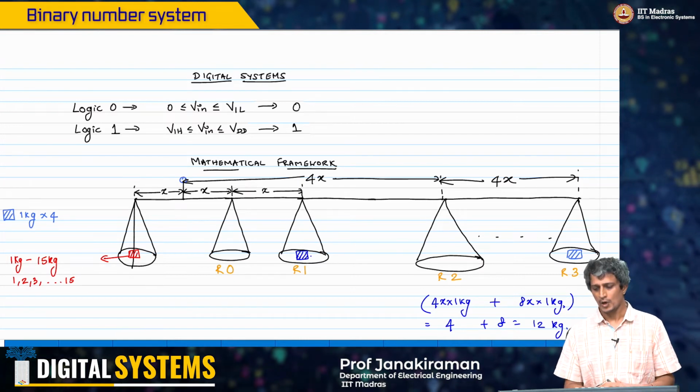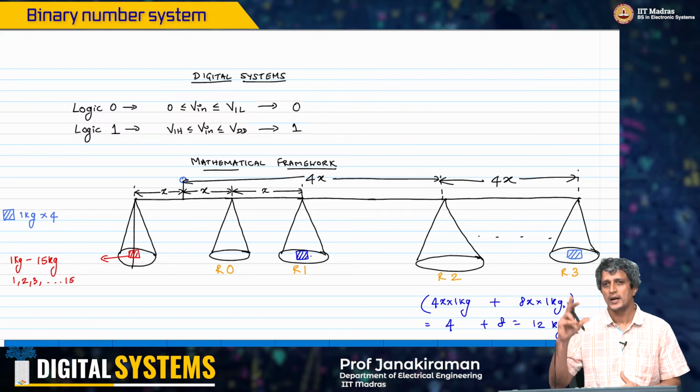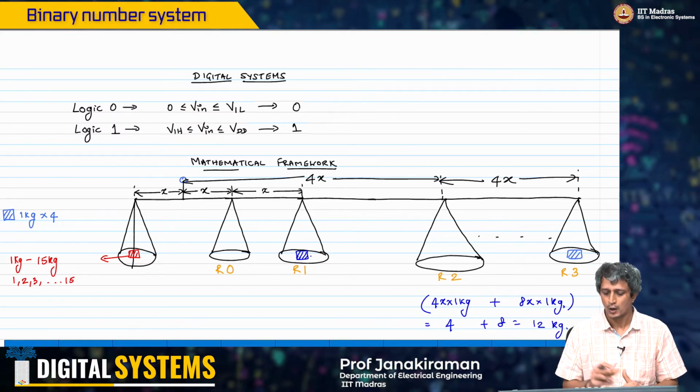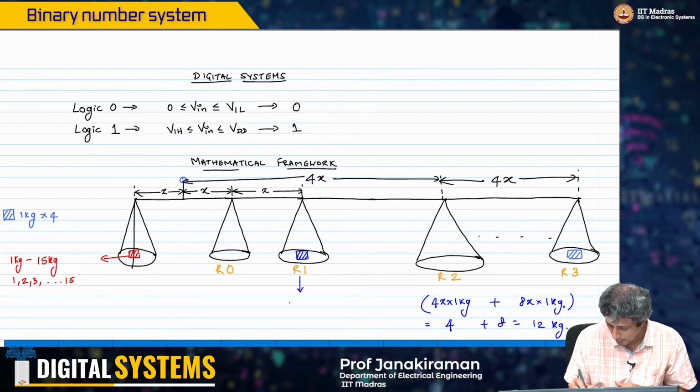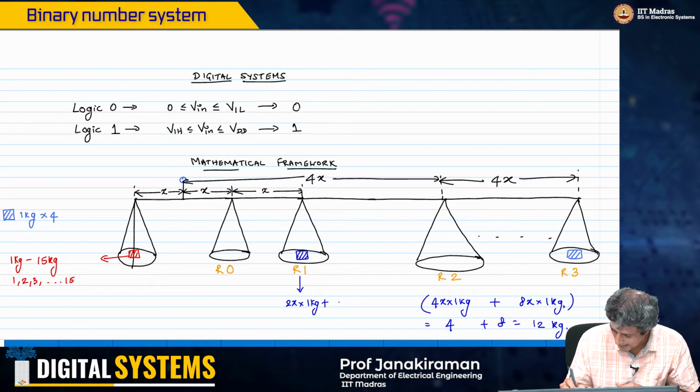Now if it is placed on R1, then the net weight that I am going to see because of 1 kg on R3 and 1 kg on R1 is going to be 2x into 1 kg plus 8x into 1 kg.